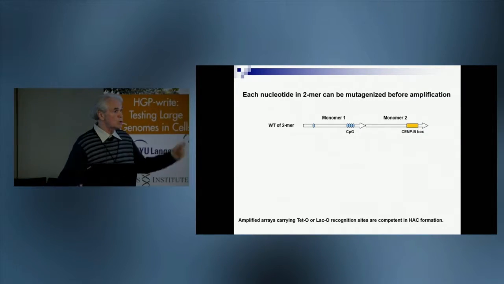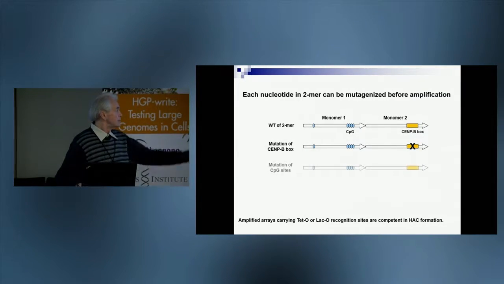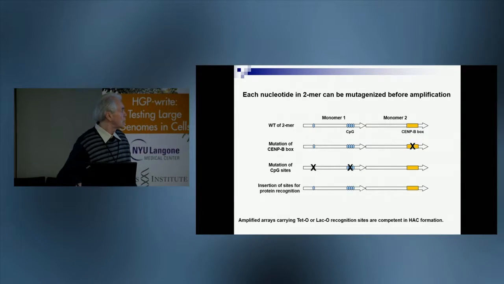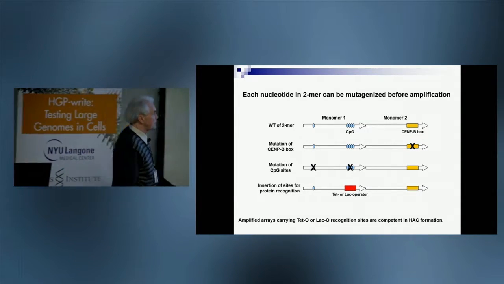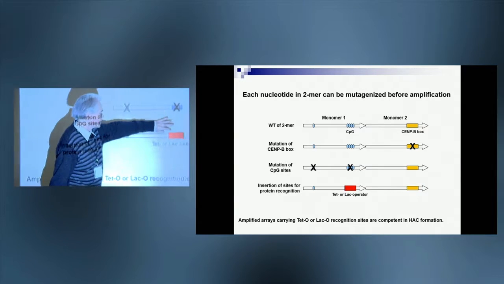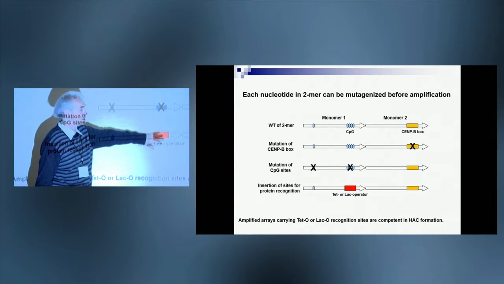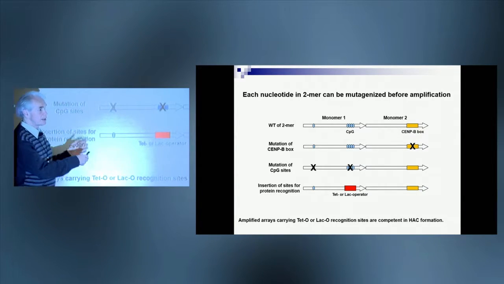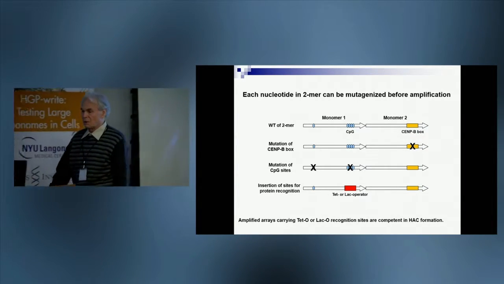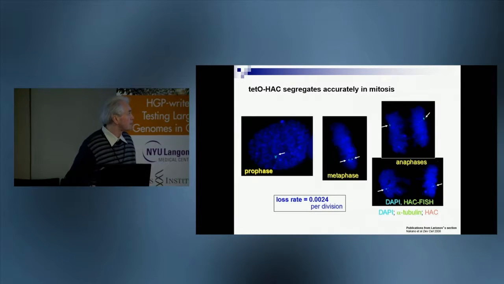Advantage, each nucleotide may be mutated before amplification. More importantly, we can introduce site for recognition of protein, so repressor or lac operator, and amplify, and so use this assay for array for HAC formation.